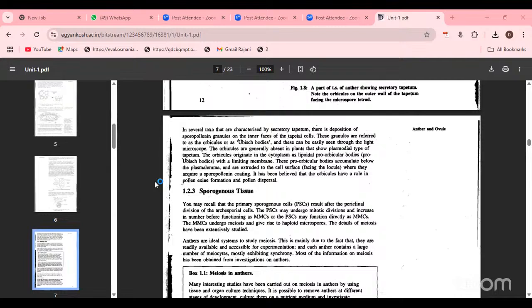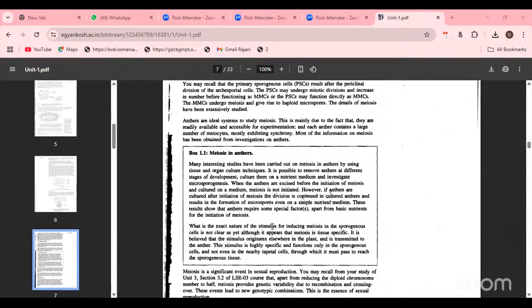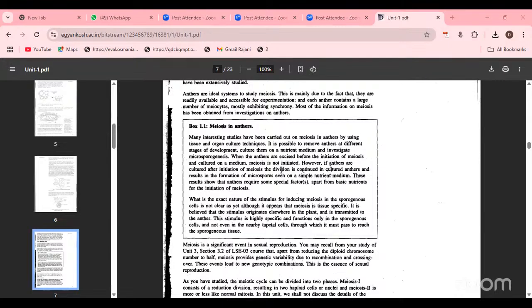The details of meiosis have been extensively studied. Anther is an ideal system for studying meiosis. This is mainly due to the fact that they are readily available and accessible for experimentation, and each anther contains a large number of meiocytes, mostly exhibiting synchrony. Most of the information on meiosis has been obtained from investigations on the anther.